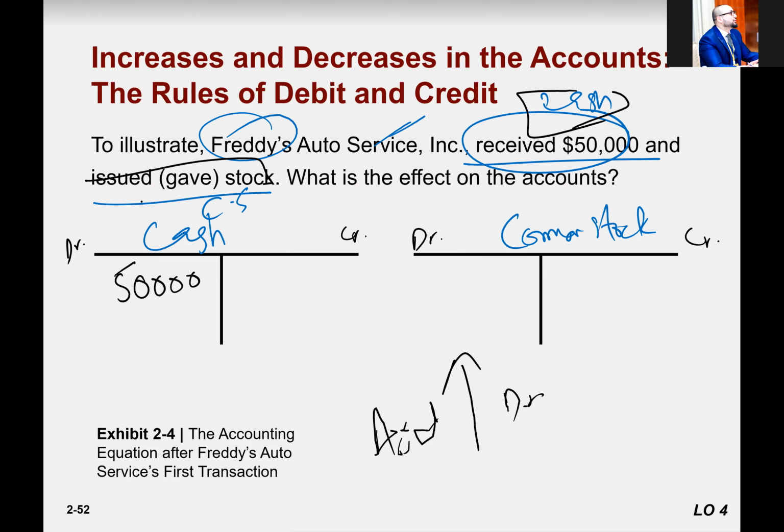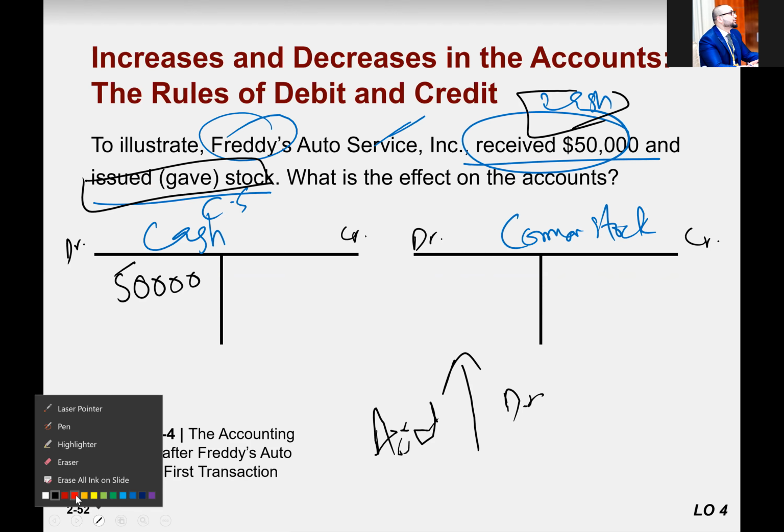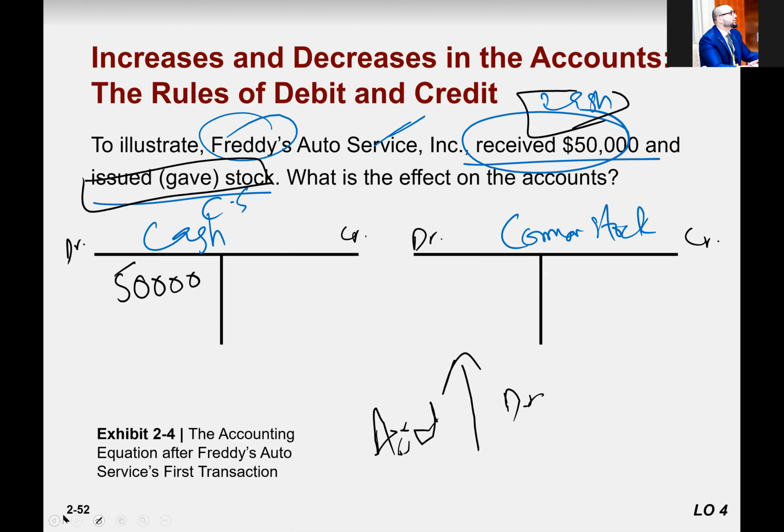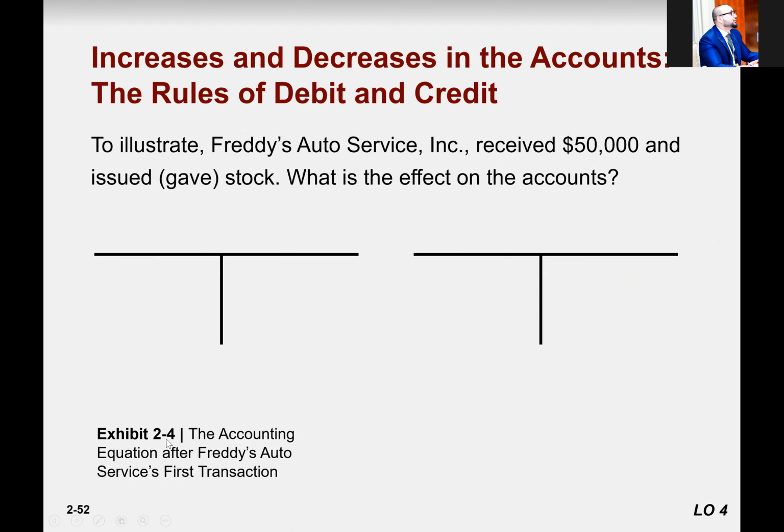Anything that increases the owner's equity, so recall that one, that is credit. So you see 50,000 is on the credit side. Right, guys? Understand? So let me just remove that one here.